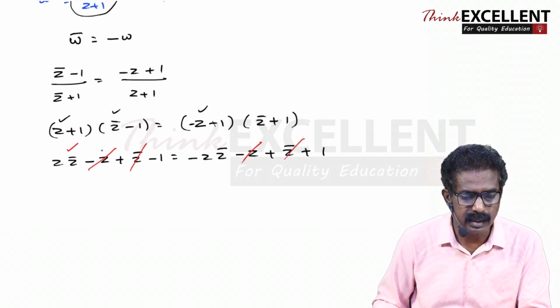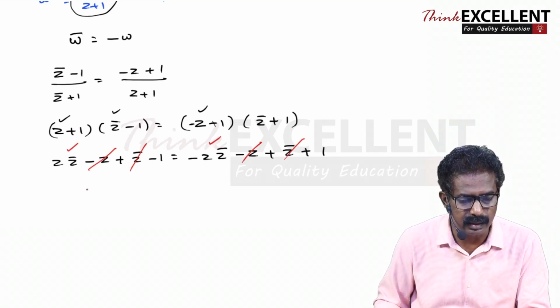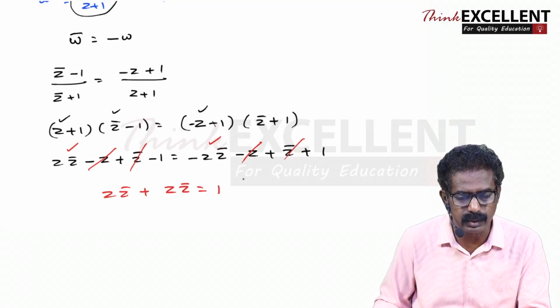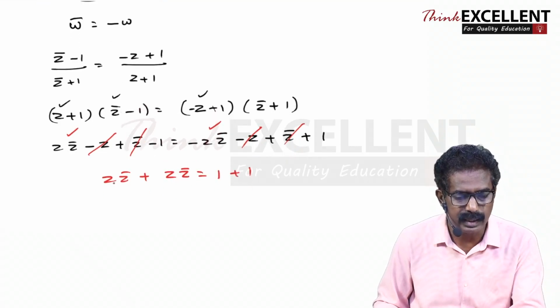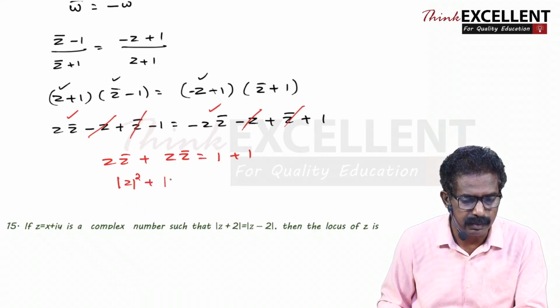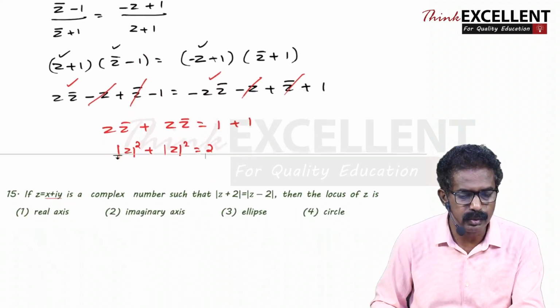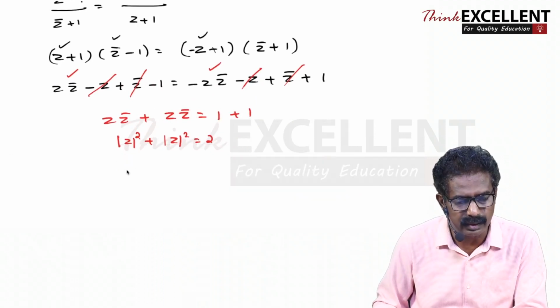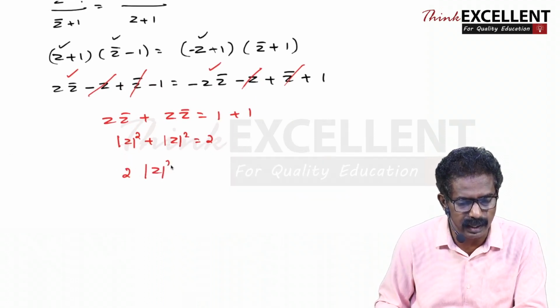So Z bar, bring this also here. So Z Z bar plus one more time Z Z bar is equal to 1. Minus 1 take that side, plus 1. Z Z bar means it is modulus Z square plus modulus Z square equal to 2. So you are getting 2 times modulus Z square, right? 2 times modulus Z square equal to 2.